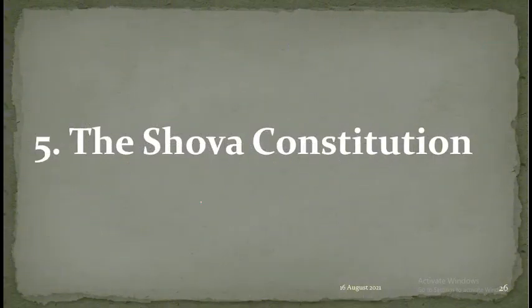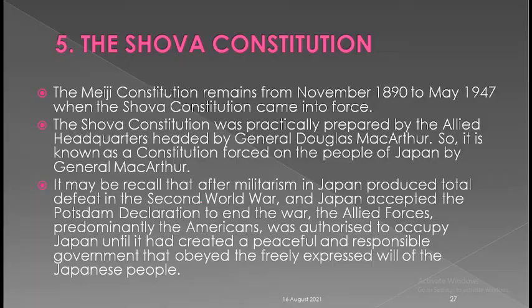Now let's come to the Showa constitution. The Meiji constitution remained from November 1890 to May 1947. So in May 1947, the Showa constitution came into force. The Showa constitution was practically prepared by the Allied headquarters.